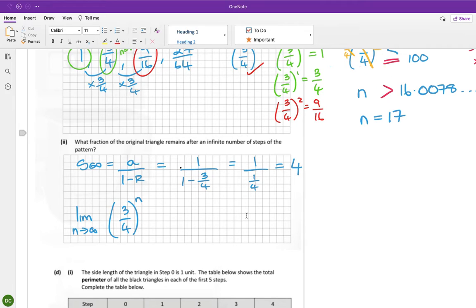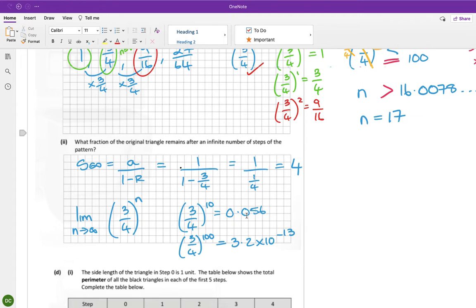So what happens to a fraction as the power approaches infinity? If I do 3/4 to the power of 10, I get 0.056. If I do 3/4 to the power of 100, I'm getting 3.2 times 10 to the minus 13.